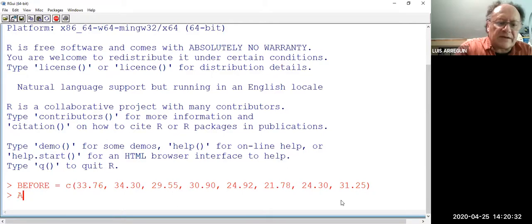Then the next data set is measurements on the same individual. That's the reason this is a paired sample, because there is a relationship.